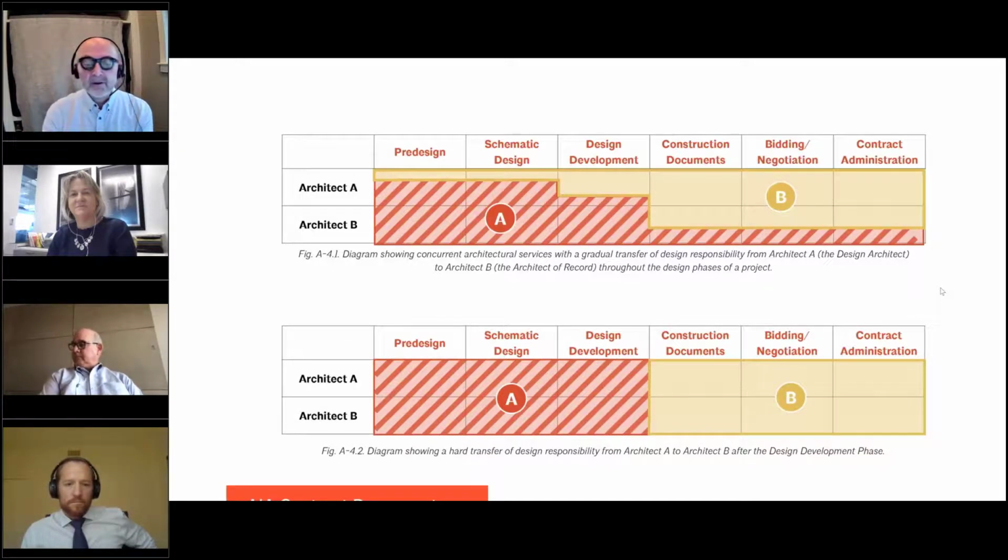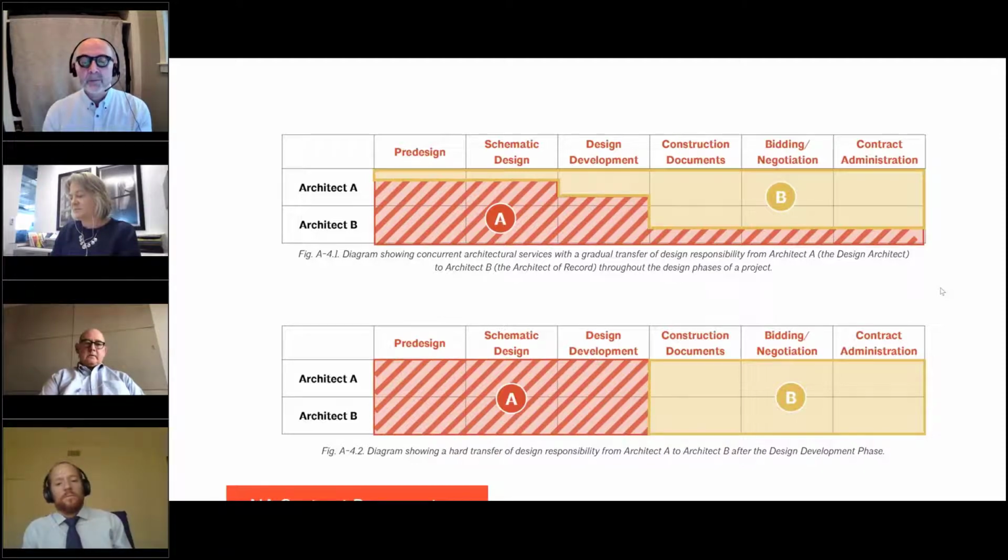But as we discussed it, and as we developed the exhibits to the B111 and B112, those exhibits start to define in a finer grain that relationship. And one of the key elements that we brought in was the requirement for the architect of record to review and evaluate the design architect's transfer package, to basically understand what's there.